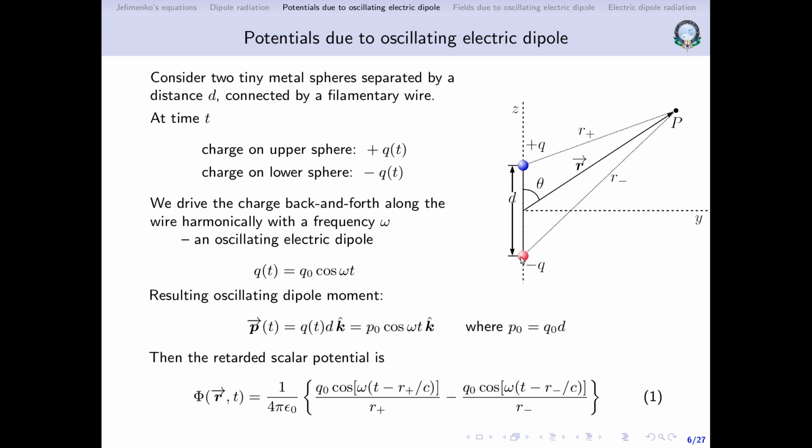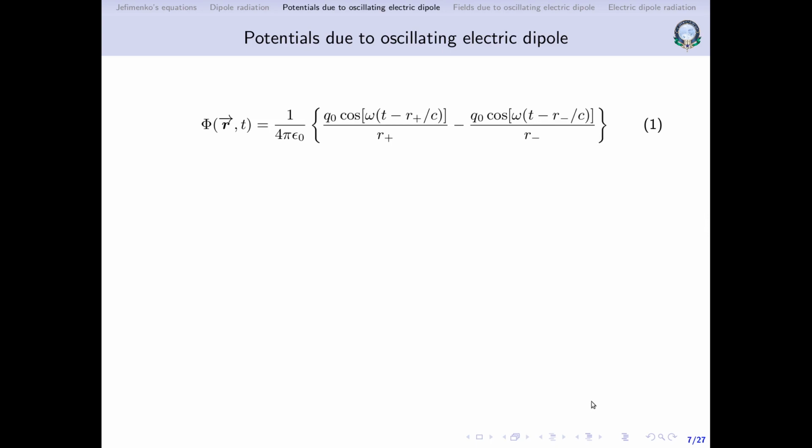And in this case, because of the negative charge, minus q naught cos omega times the retarded time, divided by r minus. So this is going to be the retarded scalar potential. We call this equation number 1.